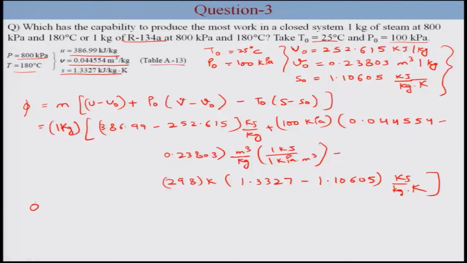This gives a value of phi, which is equal to 47.4843 kilojoule. So if we compare the two values, phi steam is equal to 622.7 kilojoule, and for refrigerant R134A this value is 47.4843. So for steam the Exergy is more, so it has more potential to do work, or it has more capability to produce work.